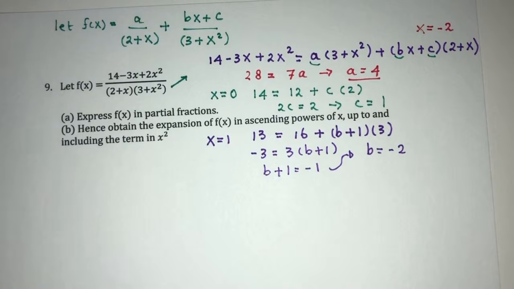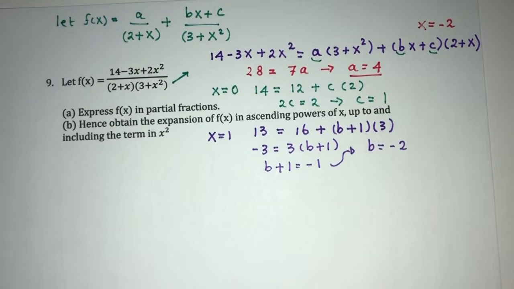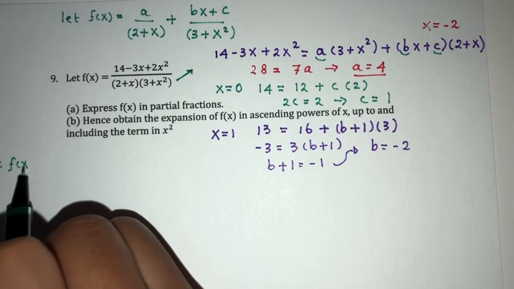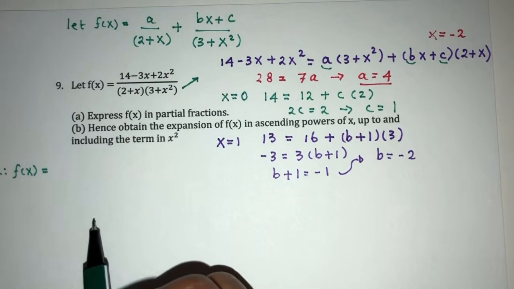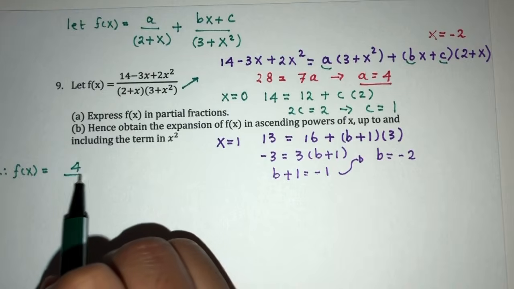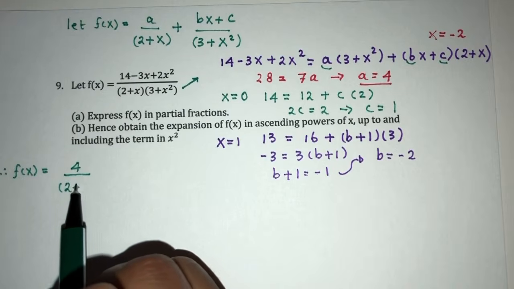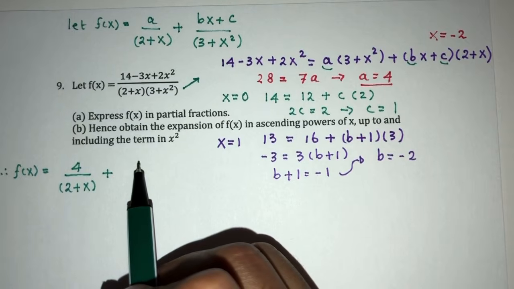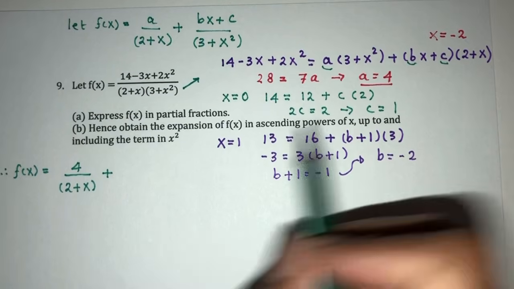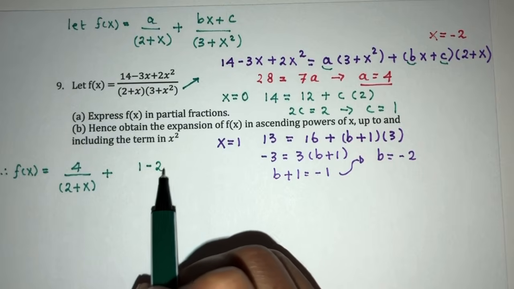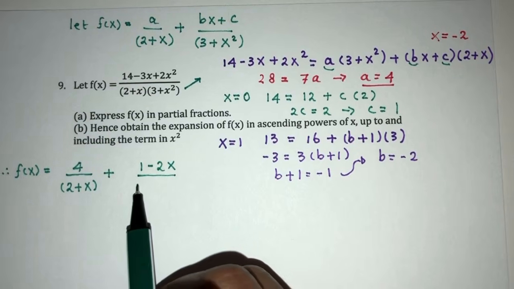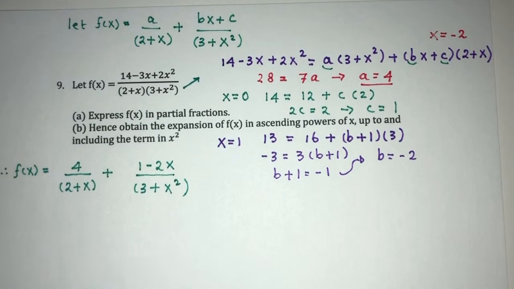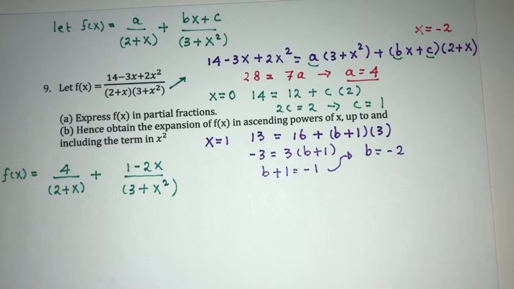So in the end, since we have found the value of a, b, and c, we realize that f of x can also be what? a is 4, so 4 over the value of 2 plus x, and plus here, now because b is negative, I can write b afterwards, c is 1, so that will be 1 minus 2x over the value of 3 plus x squared. That is part 1 of the question, expressed in partial fractions.